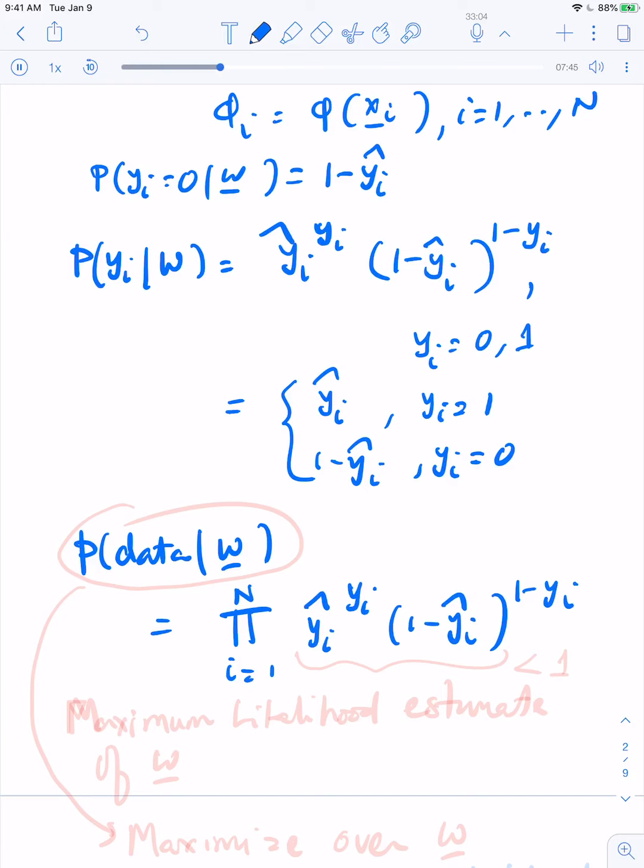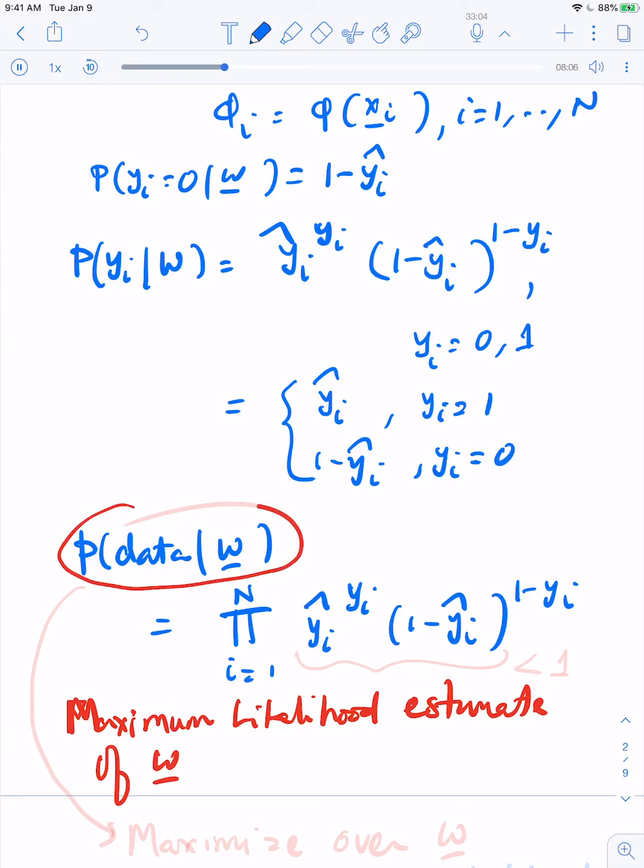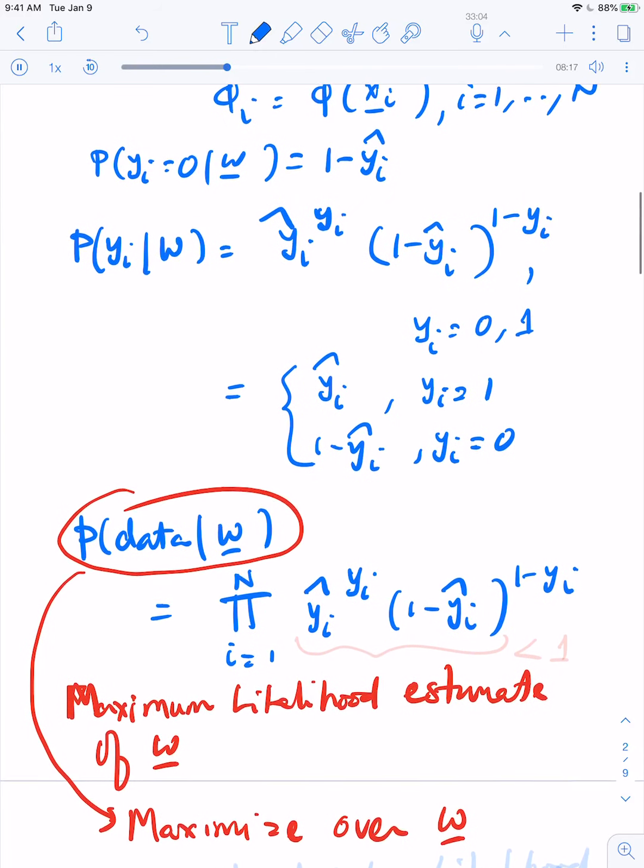I'm going to do a maximum likelihood estimate of W, which just means maximize the probability of the data given W over W, right? So that's basically our training procedure.